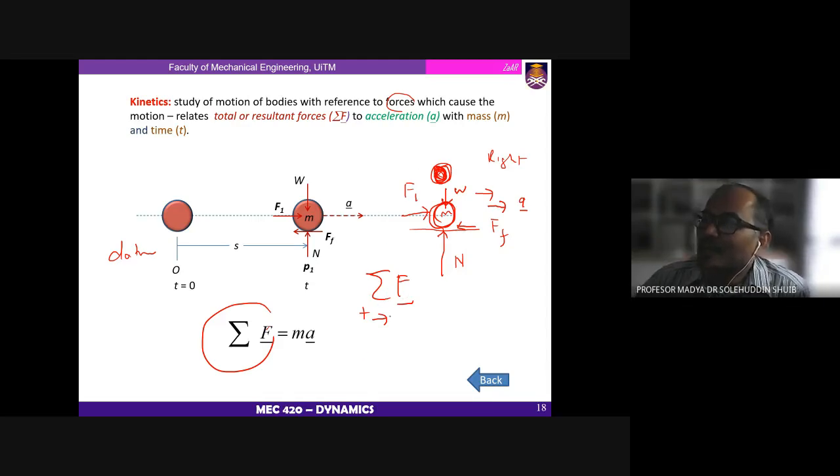In the y direction, you say going up is positive. All of this is related to the summation of force, and then you have mass times acceleration. So we relate the total resultant force to acceleration, with mass.